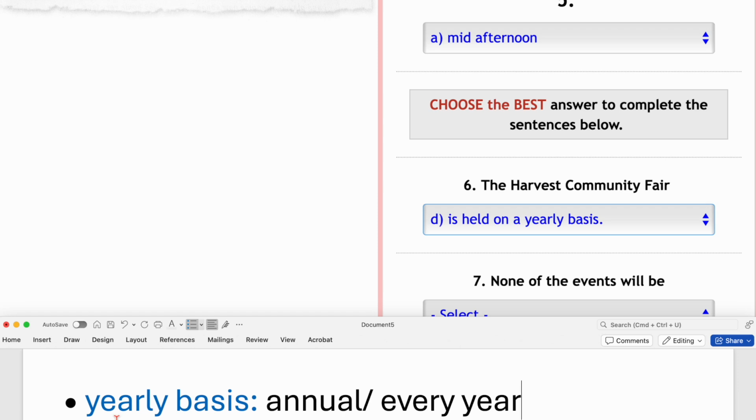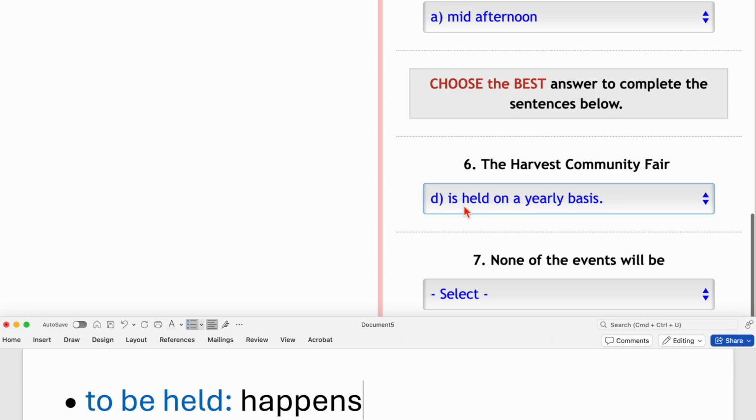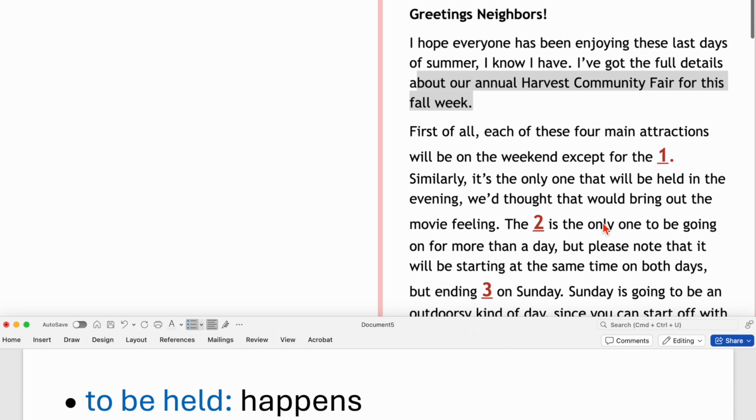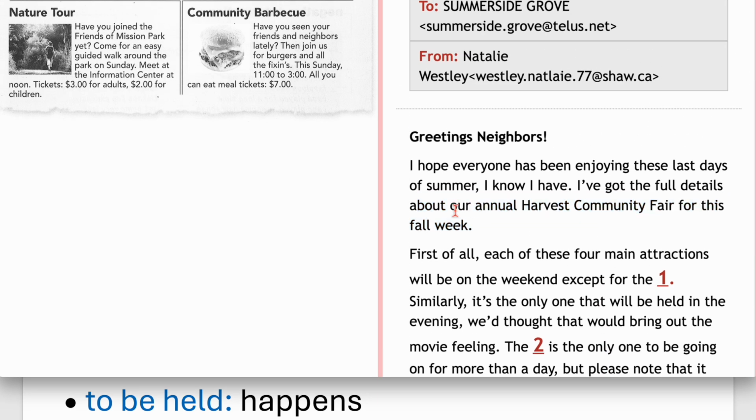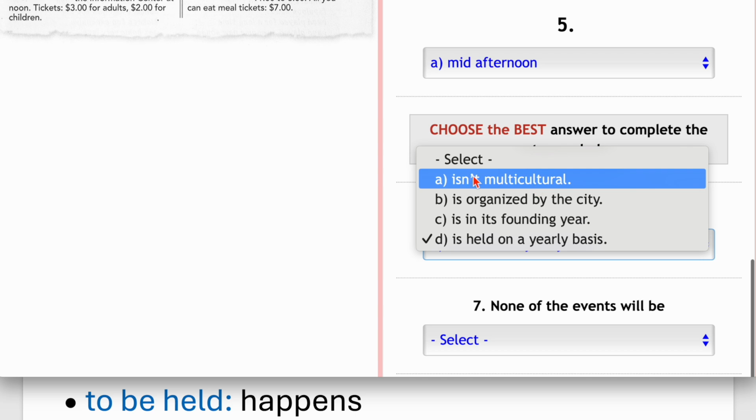Held, to be held, or is held, happens. So it is held on a yearly basis. It happens every year. And we saw over here, it said our annual harvest community fair. So that's correct. Now, the other answers. Isn't multicultural?